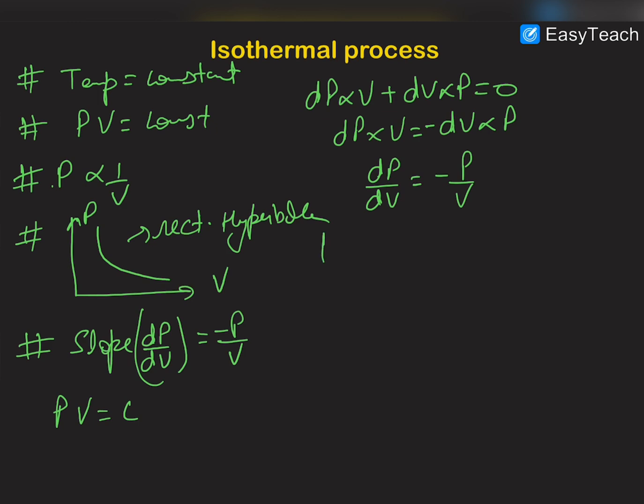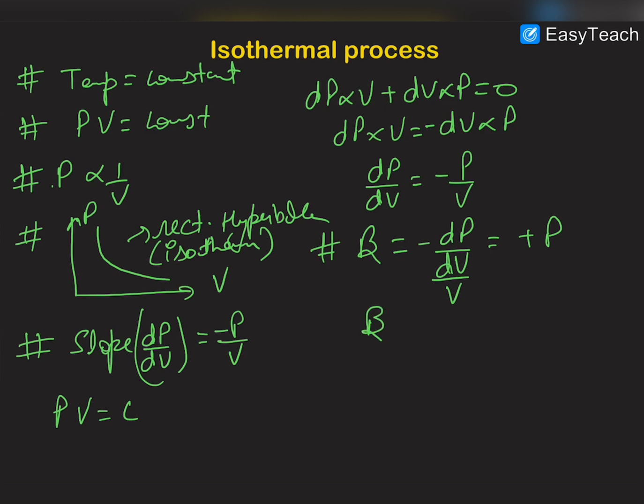Okay, and the bulk modulus. This isothermal process PV indicator diagram is also called an isotherm. Now bulk modulus is minus of dP by dV by V. So you can say that this bulk modulus is plus of pressure.